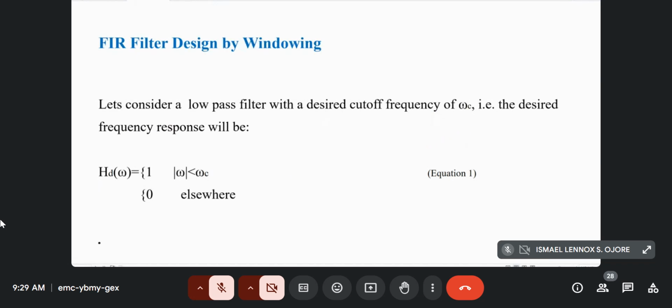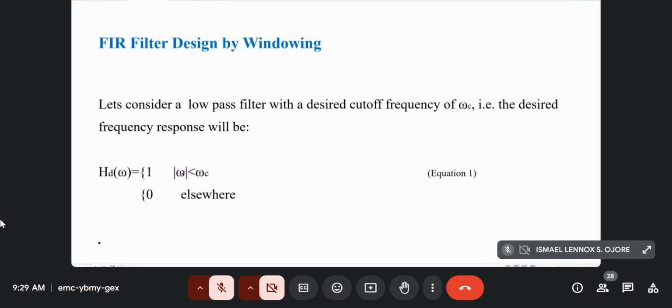The desired frequency response, we use H_d to mean the desired, so that from there we can get the small h_d[n], which is the desired impulse response.